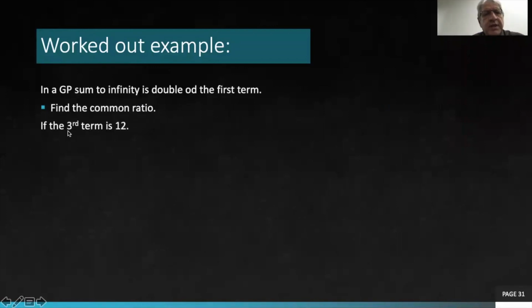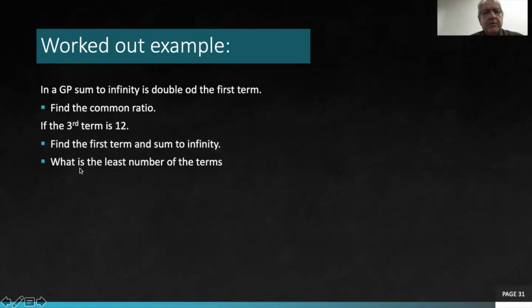Then if the third term is 12, find the first term and the sum to infinity. Now, what is the least number of terms where the sum of them exceeds 95.9? Now let us go for the solution.